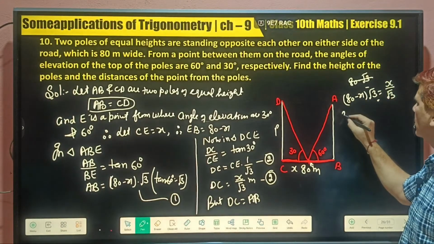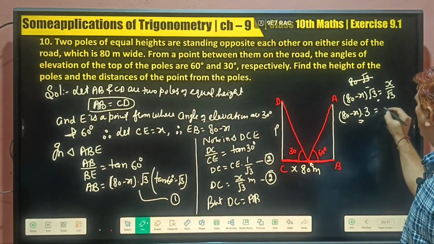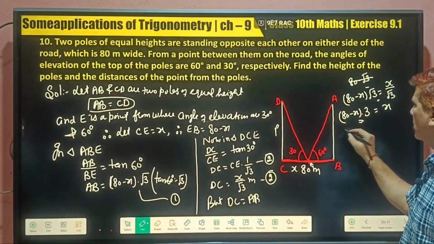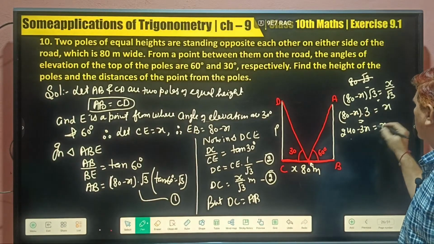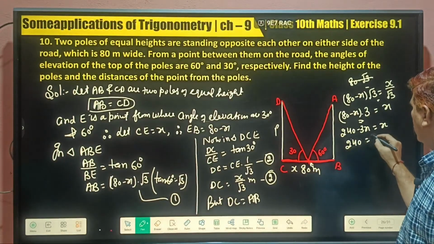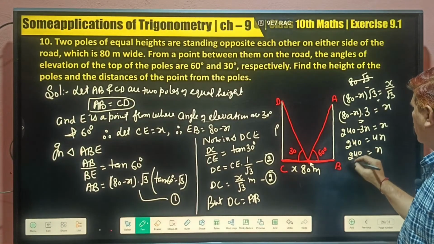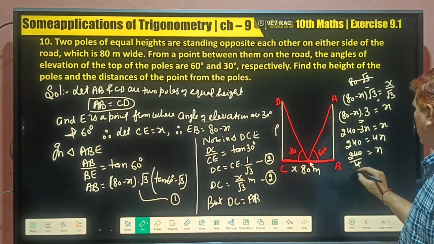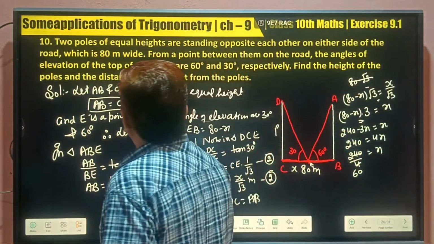Bring it to that side: 80 minus X into 3 equals X. Open it: 240 minus 3X is equal to X. Take it to that side: 240 equals 4X. So what's your X? 240 by 4, which is 60. So that is the first answer.